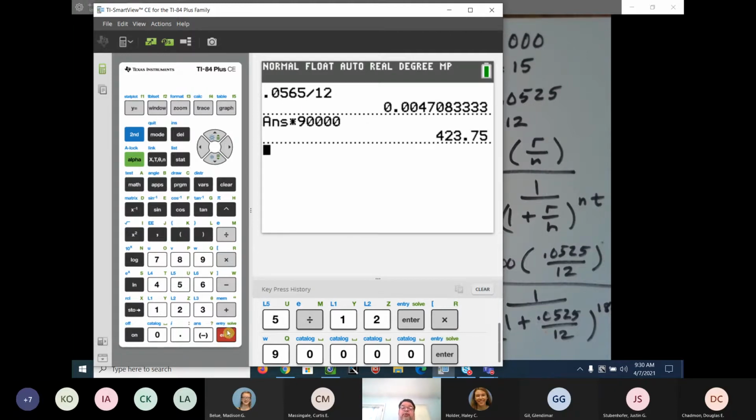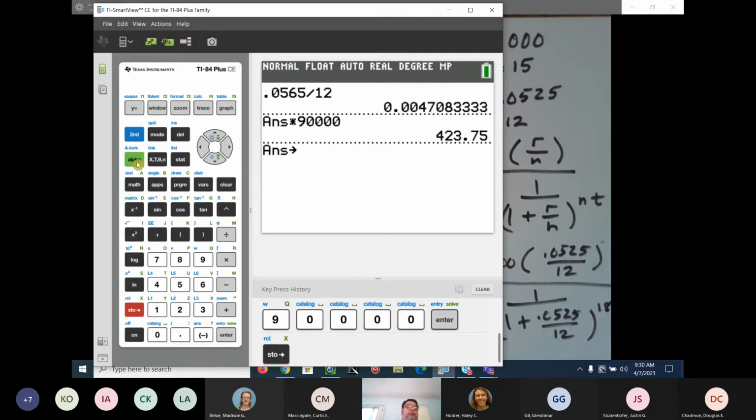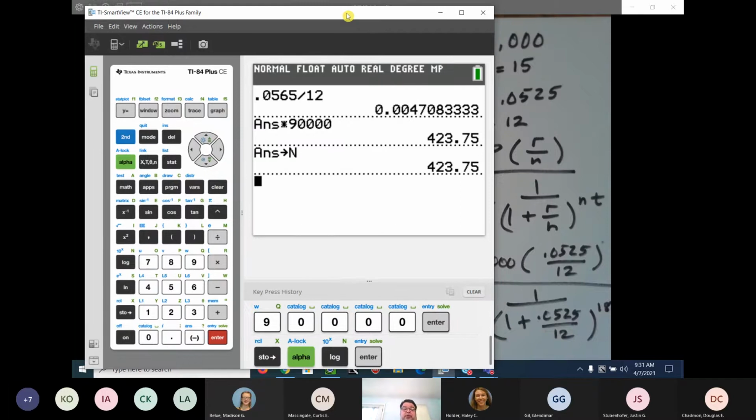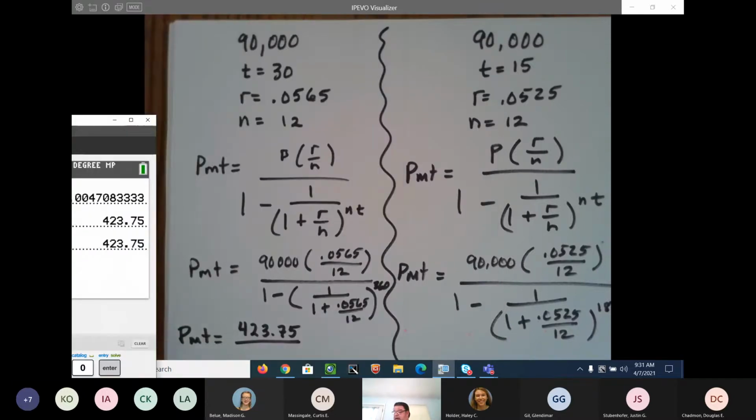So the numerator for the 30 year is 423.75. Now I'm going to write that down. Payment is equal to 423.75. But in my calculator, I'm going to store it, store alpha N for numerator. And that takes care of my numerator. Now over here, I've got it written down, 423.75.